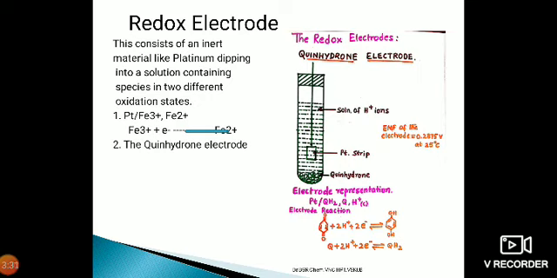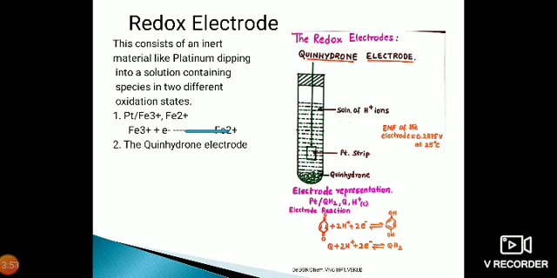These consist of an inert material like platinum dipping into a solution containing species in two different oxidation states. For example, the ferrous-ferric electrode is represented as a redox electrode, symbolically as Pt bar Fe3+, Fe2+.